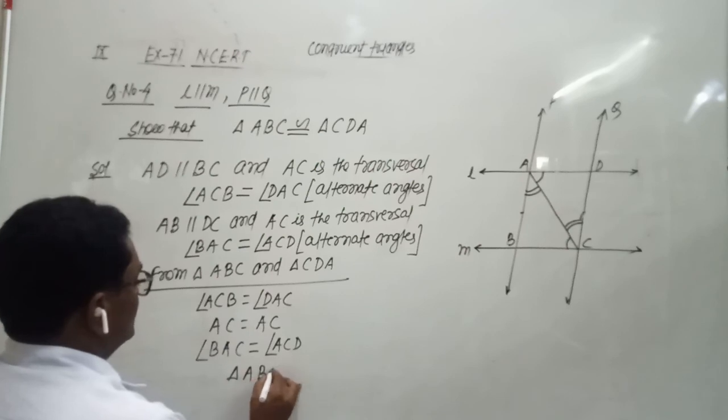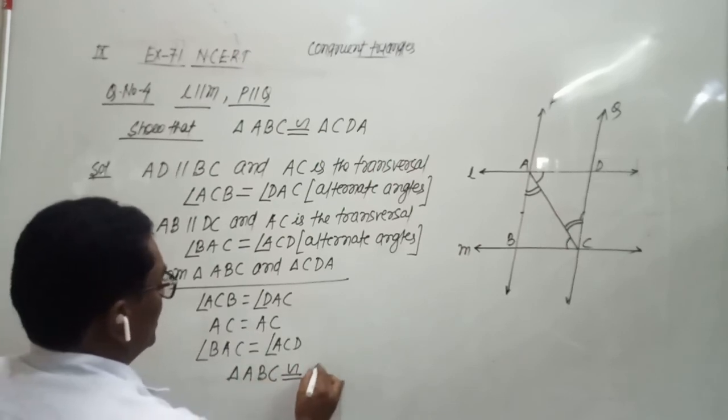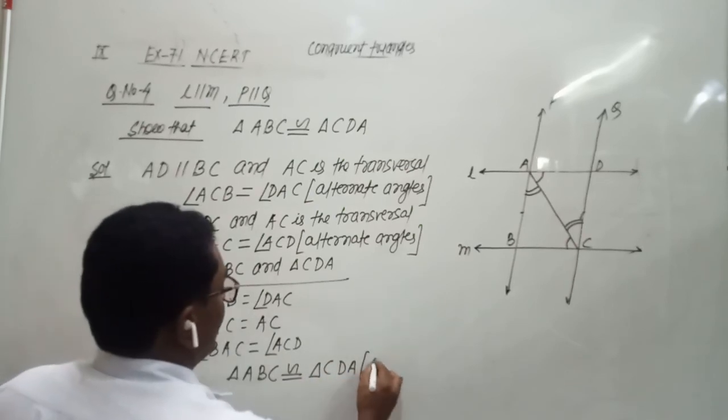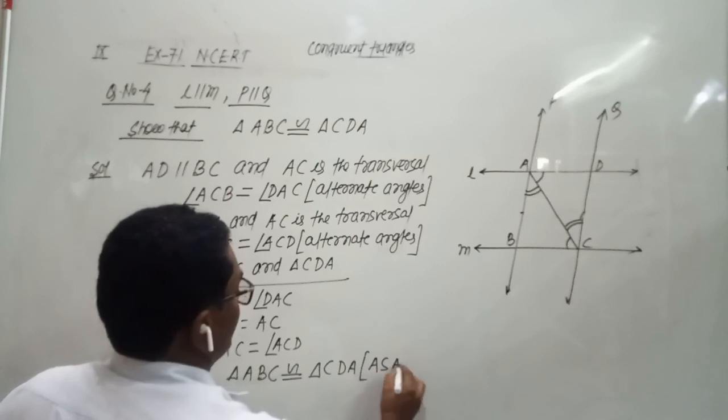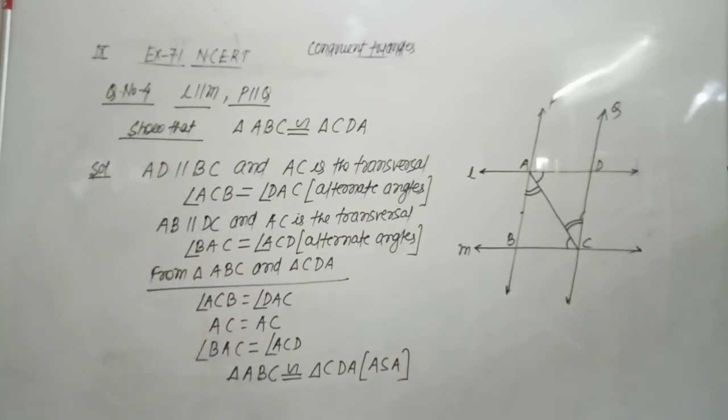Triangle ABC is congruent to triangle CDA by ASA. So this we had to prove.